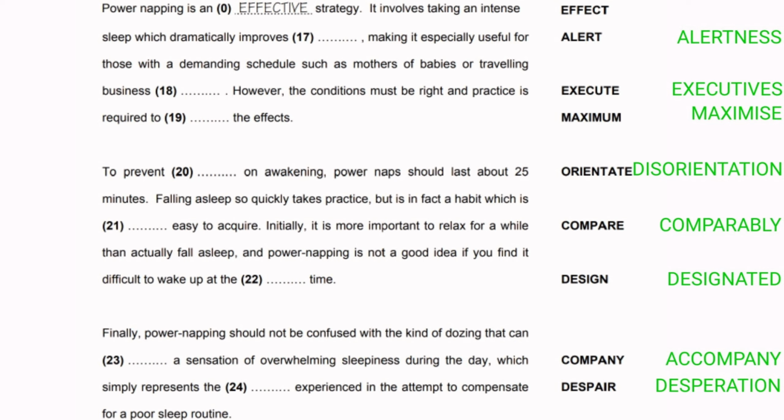Overwhelming sleepiness during the day, which simply represents the despair experienced in the attempt to compensate for a poor sleep routine. Despair can be a verb, but it can also be a noun. So it would make sense there. But if we have to put a noun there, represents the something, and it's not despair, then, well, it has to be desperation. There's no other possibility, I don't think.